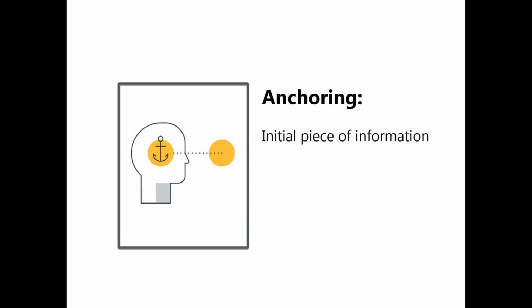All right, so first of all, what is anchoring? It's a tendency to rely heavily on the first piece of information that we get in order to make future decisions. That is something that is really deeply ingrained in us, or in our intuitive thinking system specifically.